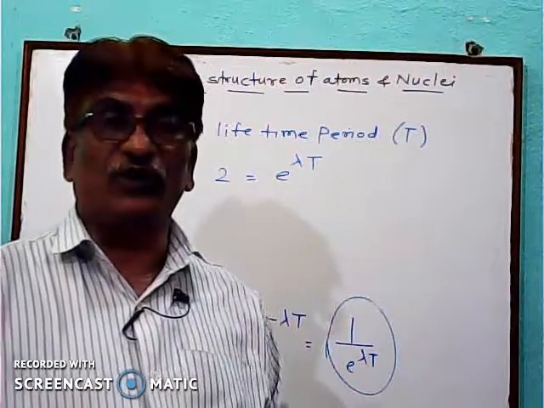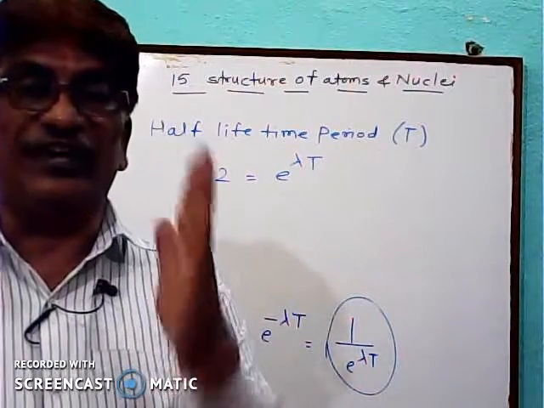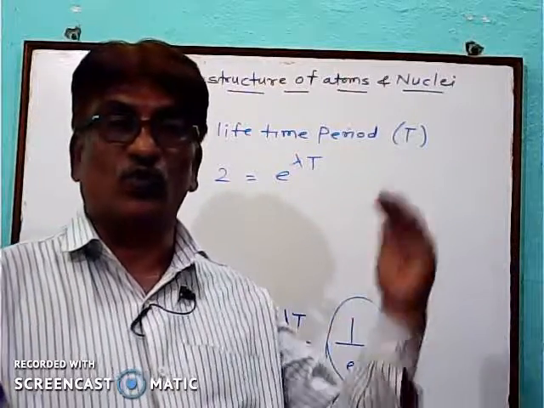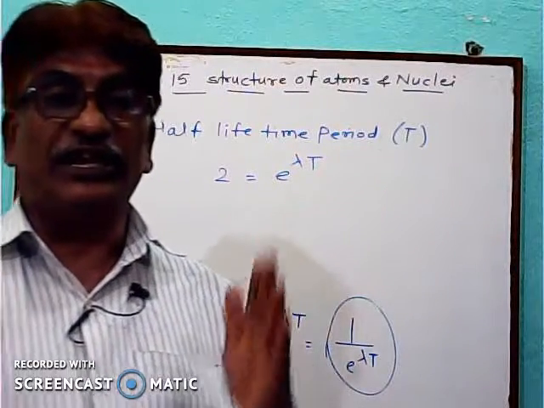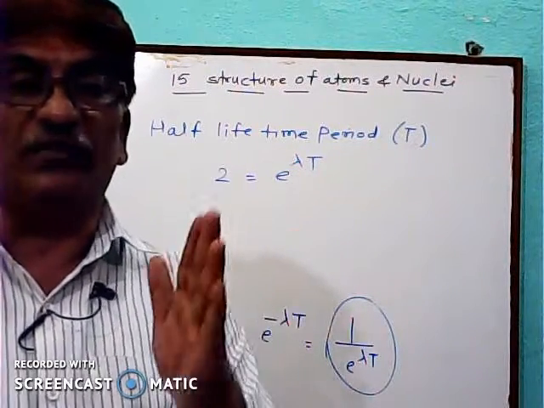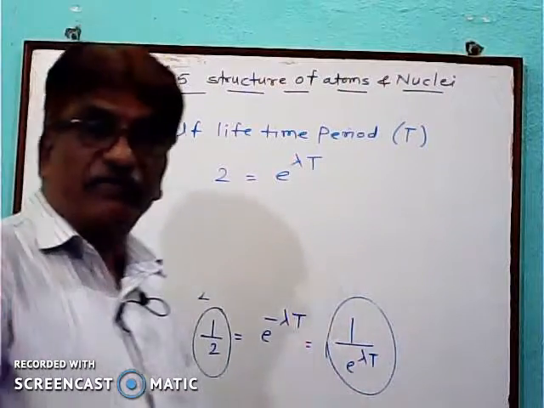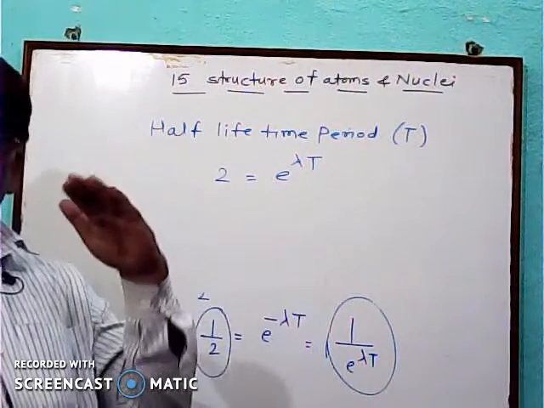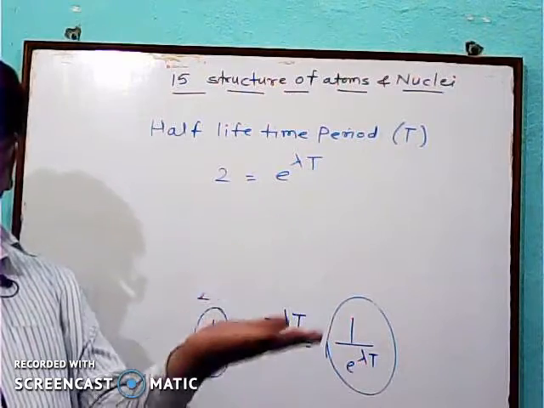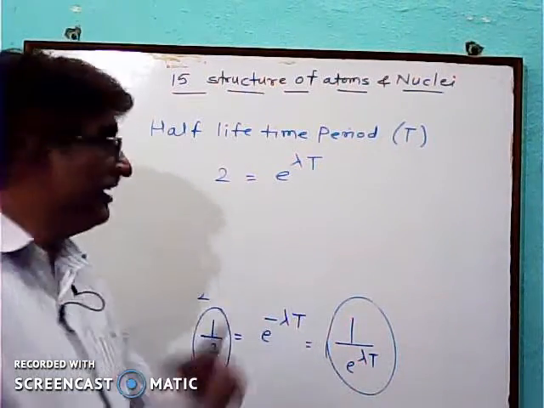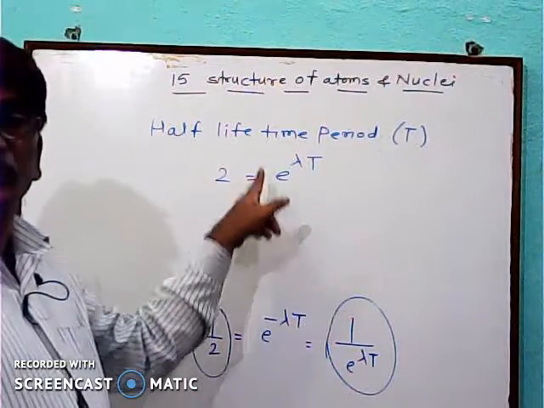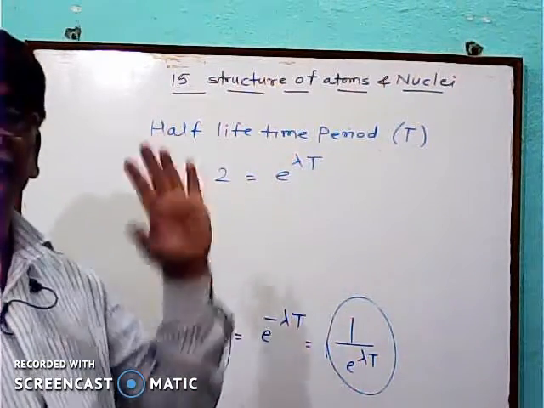N0 upon 2 equal to N0 e raised to minus lambda capital T. N0 gets cancelled. So 1 upon 2 equal to e raised to minus lambda capital T. And 1 upon e raised to minus lambda T converts into e raised to lambda T, then we can write 2 equal to e raised to lambda capital T.